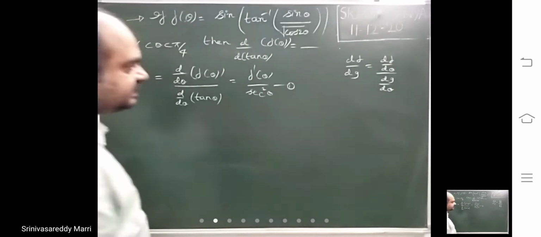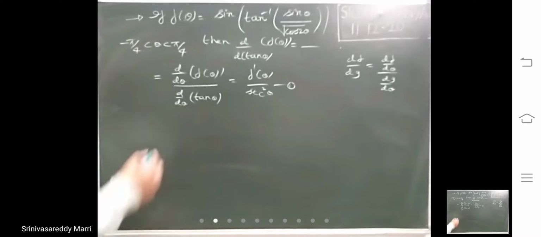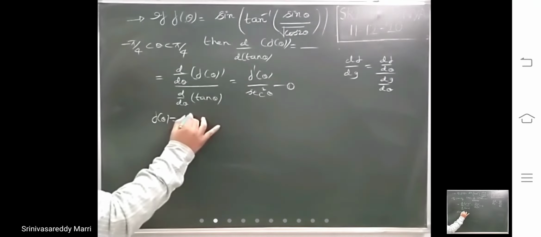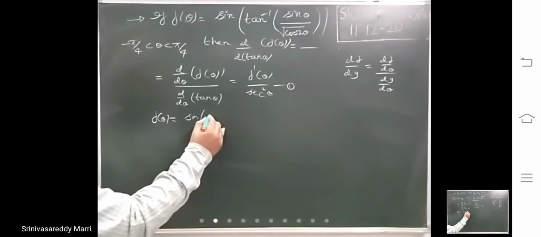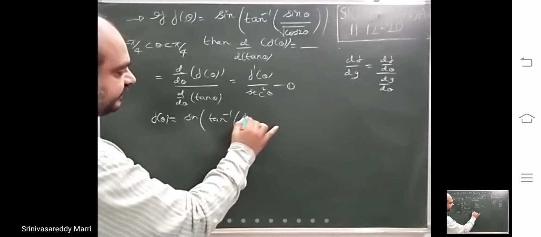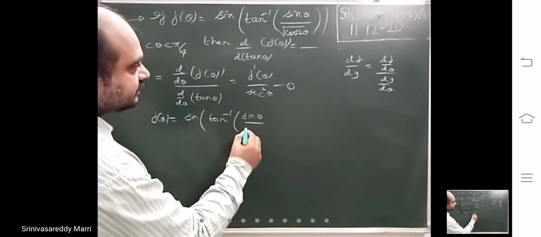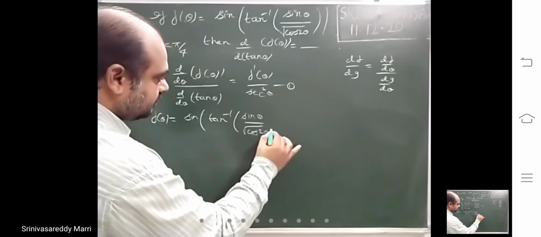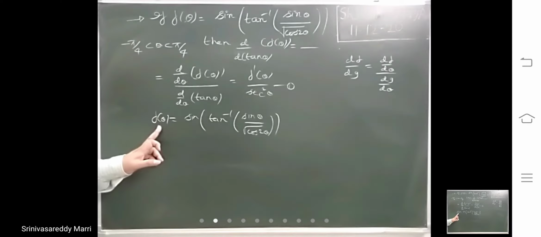Let us say this is 1. That you need to calculate. Now f of theta is given. This we will find out, f dash theta, by simplifying this expression. So f dash theta you need to calculate.